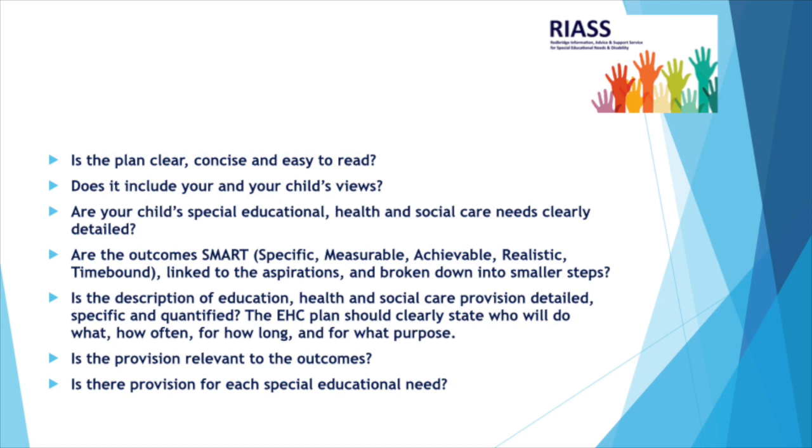Are they linked to the aspirations and broken down into smaller steps? Is the description of the education, health and social care provision detailed, specified and quantified? The EHC plan should clearly state who will do what, how often, for how long and for what purpose. Is the provision relevant to the outcomes? Is there provision for each special education need?